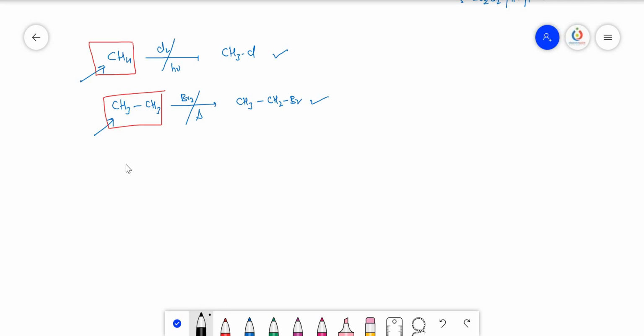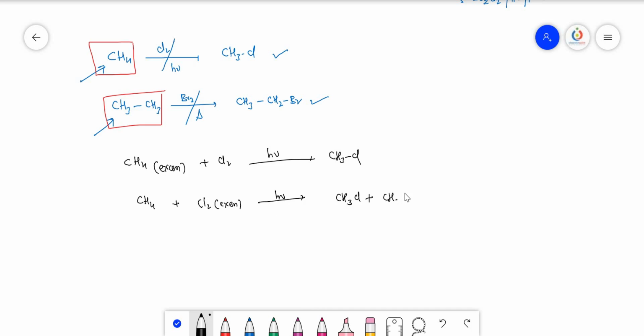I'll take you one more example here. For example, if you take methane in excess plus chlorine in limited quantity, use sunlight, so that definitely you will get methyl chloride. But if you take methane as the limited amount and chlorine in excess and use the same condition, sunlight, you may get a different type of molecule. So methyl chloride is possible, or else CH2Cl2 dichloromethane is possible, or else CHCl3 chloroform is possible, or else CCl4.